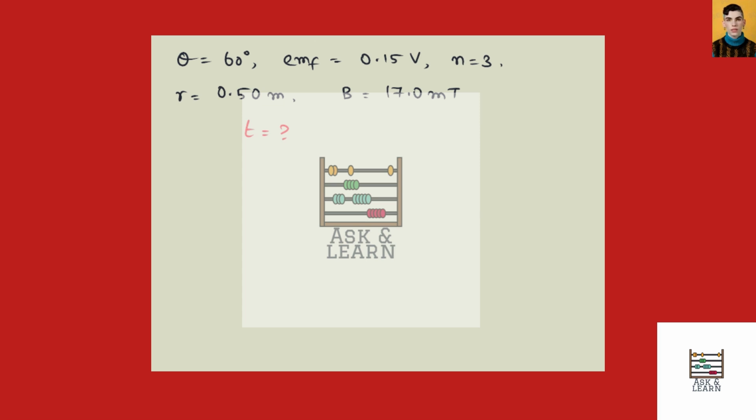For this, we have the formula for EMF, E equal to NBA omega sine theta, where N is the number of windings, that is, the number of coils wound, B is the magnetic field strength, A is the area of a single loop of the coil, omega is the angular frequency, and theta is the angle made between the field and the normal to the surface.